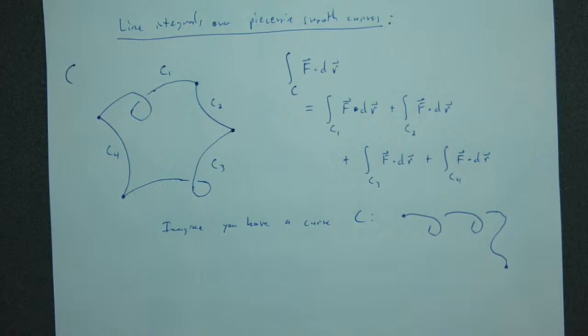So let's see, what terrible parameterization for some curve can we have? Let's come up with something. Yeah, here's a good one.